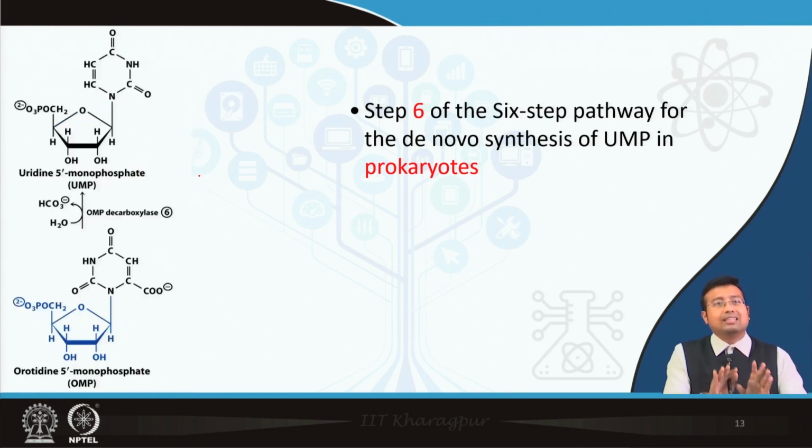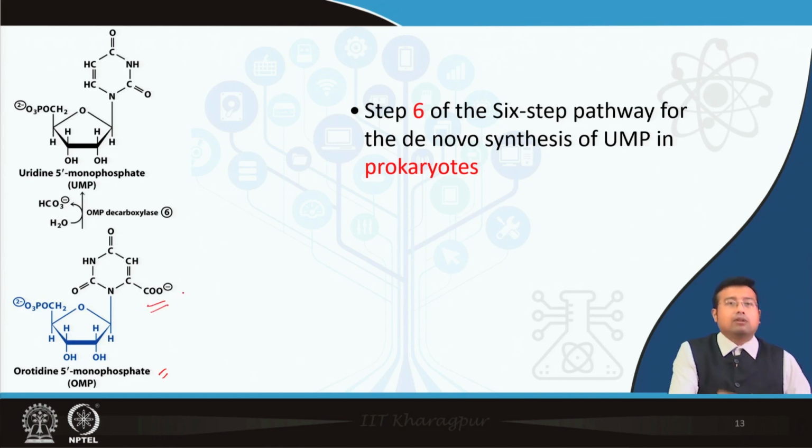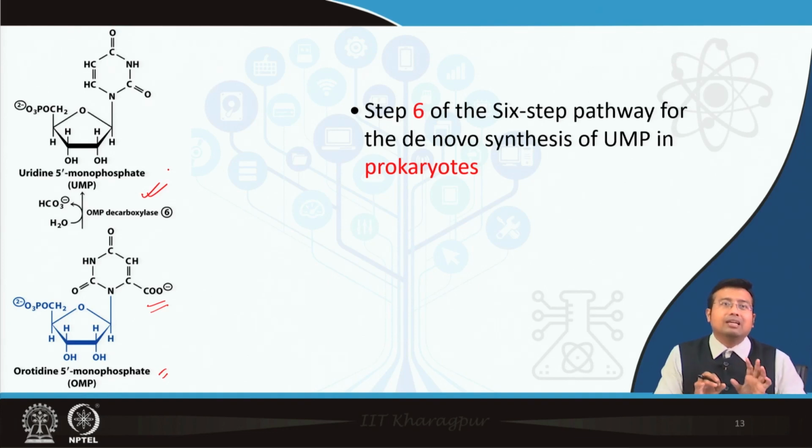So this is the main final end product in a 6-step pathway, where OMP, by the action of a decarboxylase enzyme, simply has its carbon dioxide replaced by an oxo group or keto group. It forms UMP, uridine monophosphate. So UMP is the final product of de novo synthesis of pyrimidine in prokaryotic systems.